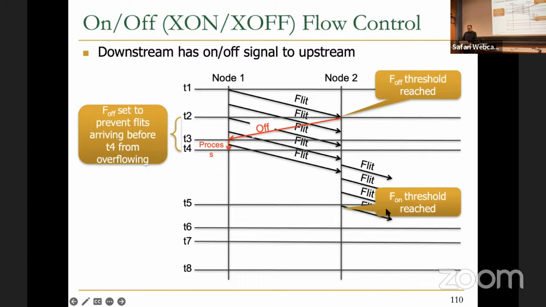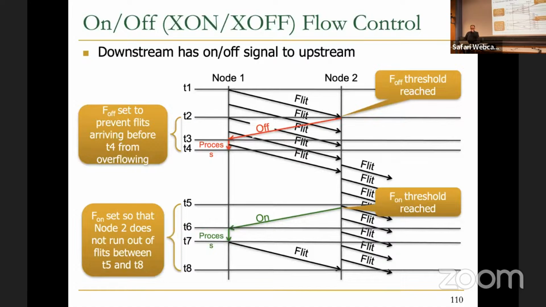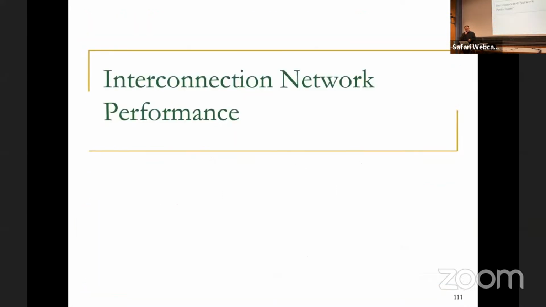After some time, we get to another threshold, which is F on, and then send the on signal to node 1. Node 1 starts to process it and keeps sending flits, essentially. Is that clear? Okay. Good. I think we have enough time to cover the last part, hopefully, and then we will conclude today.